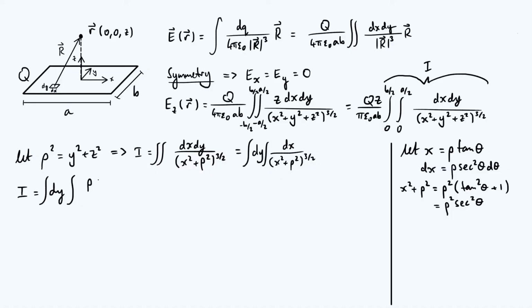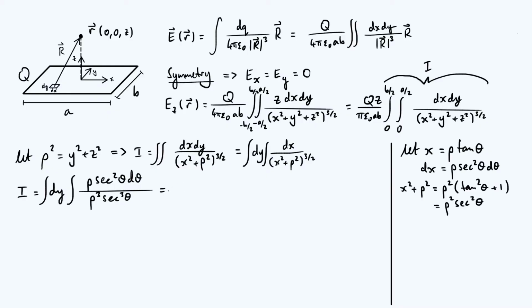The denominator, which was x squared plus rho squared to the 3 over 2, is rho squared sec squared theta to the power of 3 over 2. And when you do that to the power of 3 over 2, the squares just become replaced by cubes, right? So the denominator is now rho cubed times sec cubed of theta.